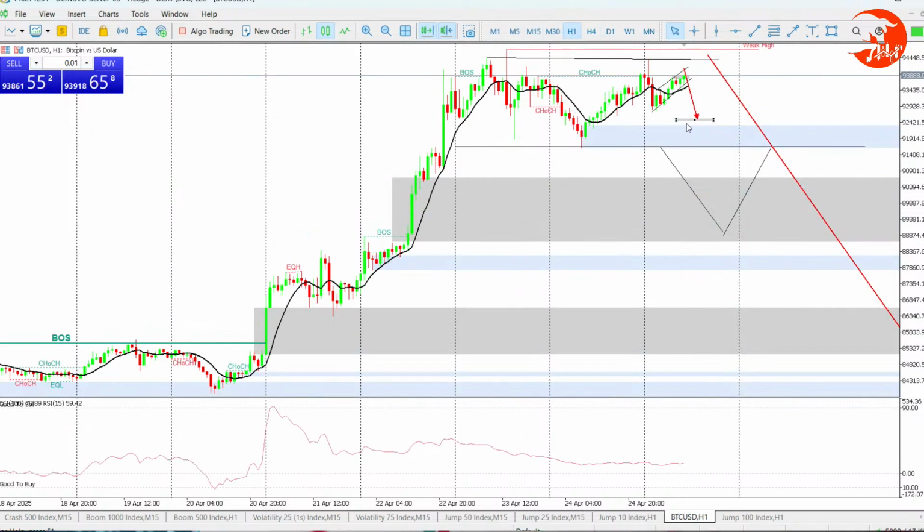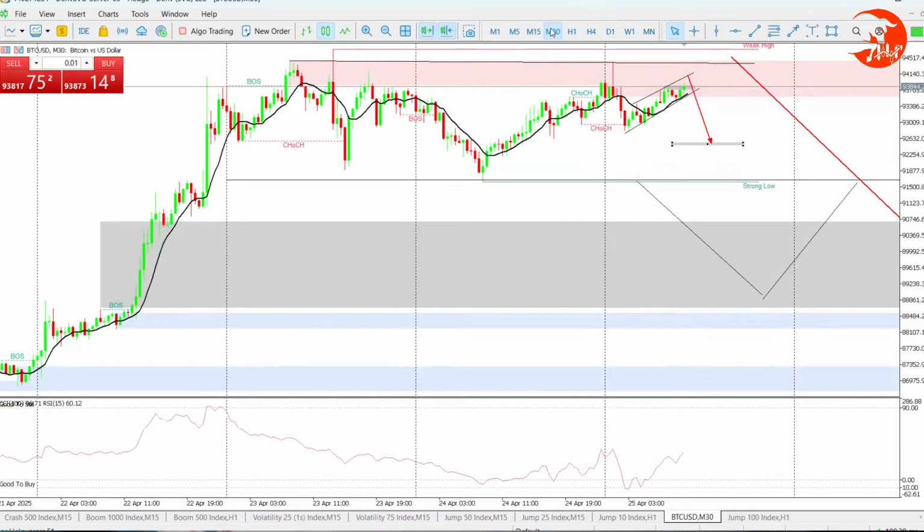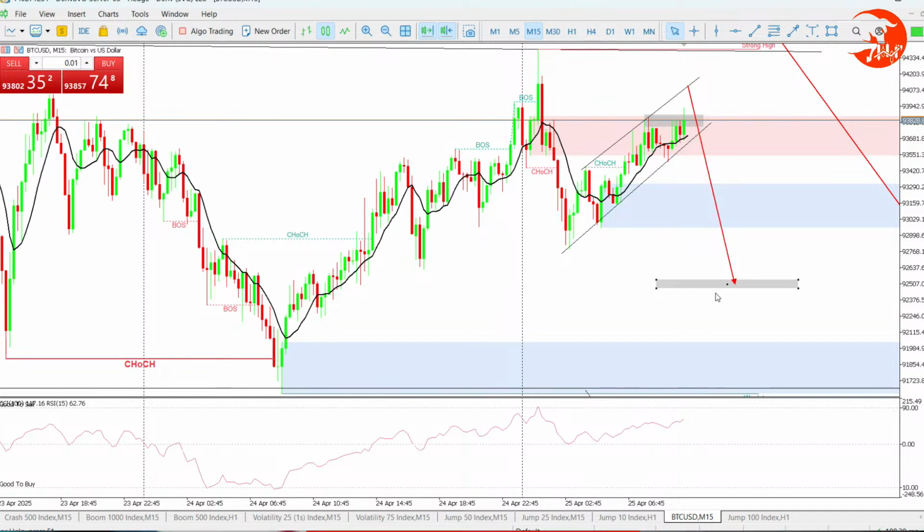That's where we have actually our order block right there on H1. So clearly it's coming back to that order block of H1 right there. So something significant right there to wait on and see how price will react to it.